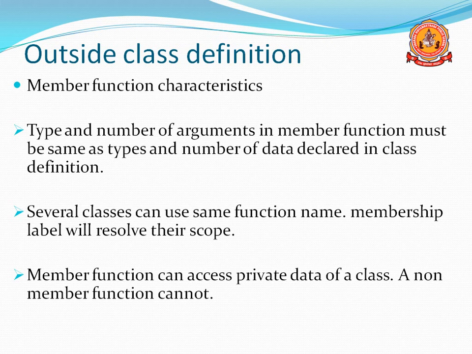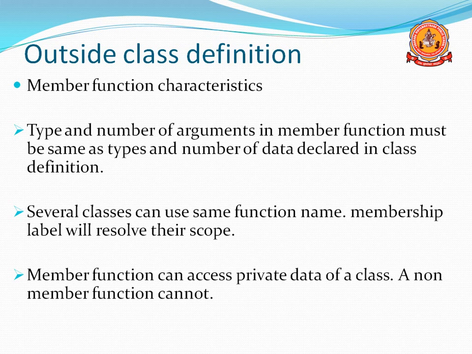If there are 2 classes, both can have the same function name. But the membership label or identity label will resolve their scope, so they will differ by the identity label or class name.